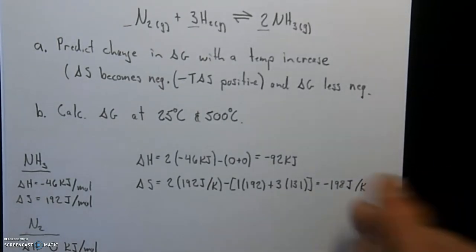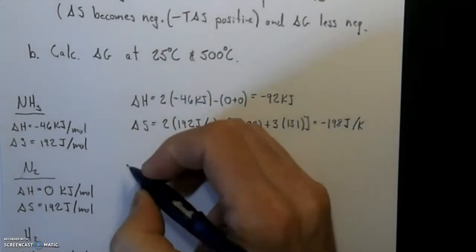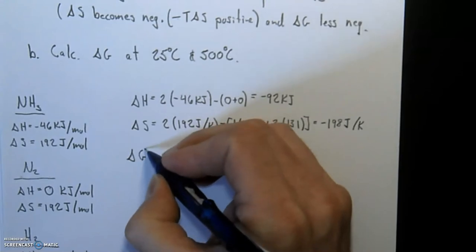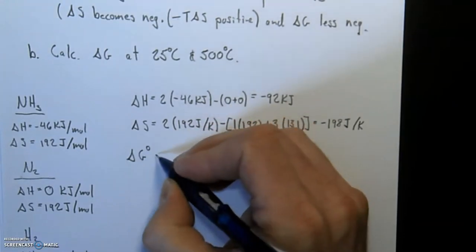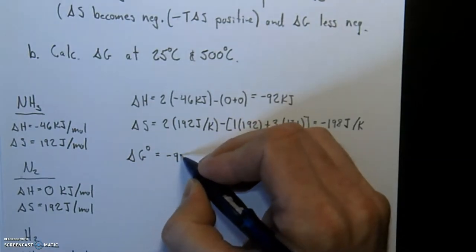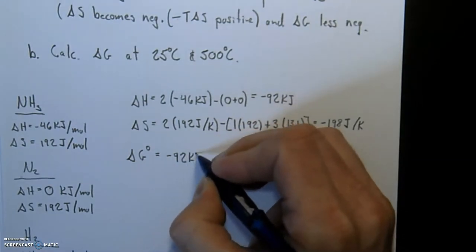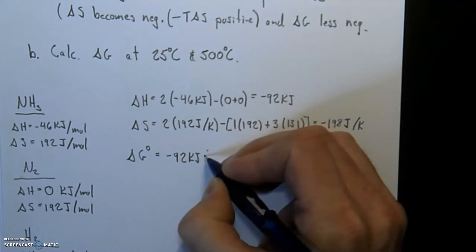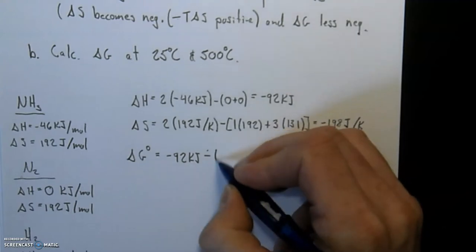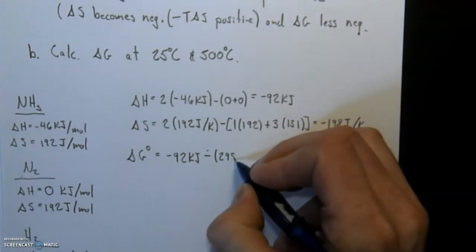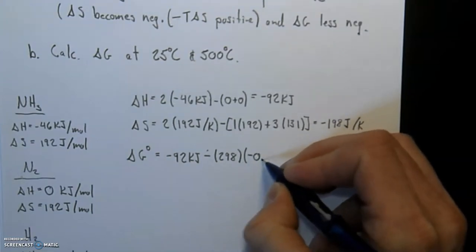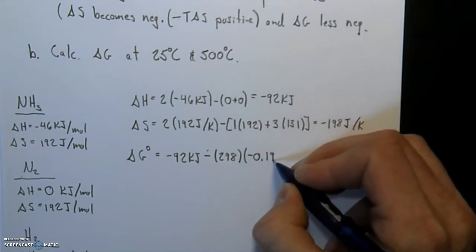Okay? And if I take a look at delta G, incorporating this information, I find if I have the whole delta H value, negative 92 kilojoules minus, and this is at 25 degrees Celsius, so that's 298 times a negative 0.198.